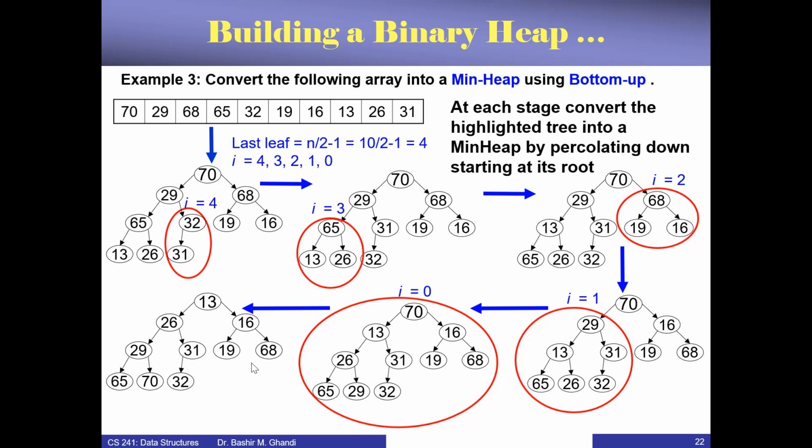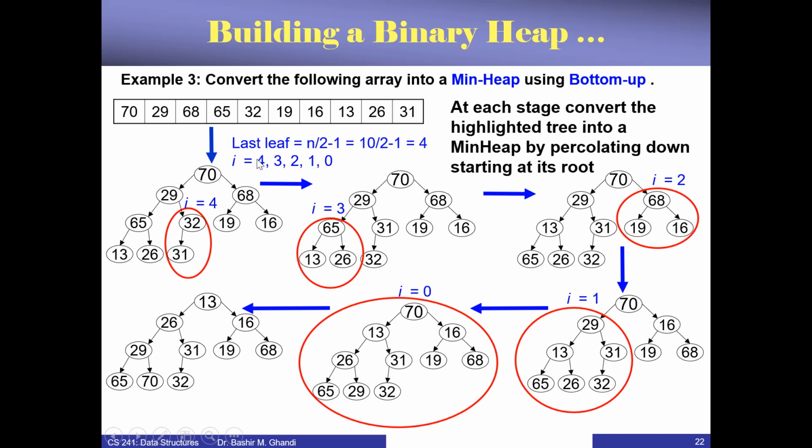Now, I asked a question earlier saying, why do you think this Floyd method is more efficient than the top-down method? Here is the answer. You see, in the bottom-up method, or in the Floyd method, you're going to start from the index of the last non-leaf.